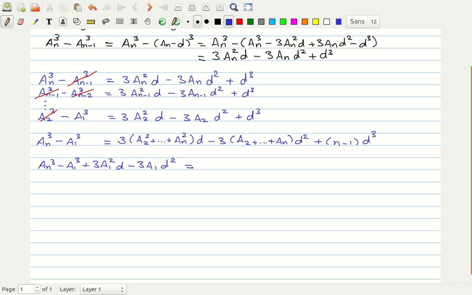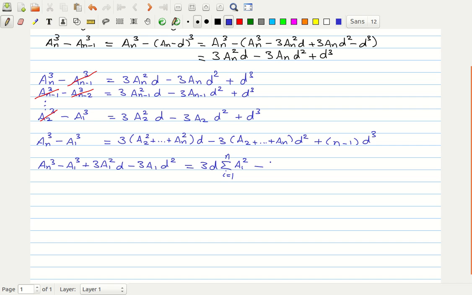Now this 3 a1 square d will also add on the right hand side, so this becomes 3 times a1 square plus a2 square up to an square, and this is what we have to find. So this becomes 3 times d times the sum of ai square, where i is running from 1 to n. This is what you have to find, right?